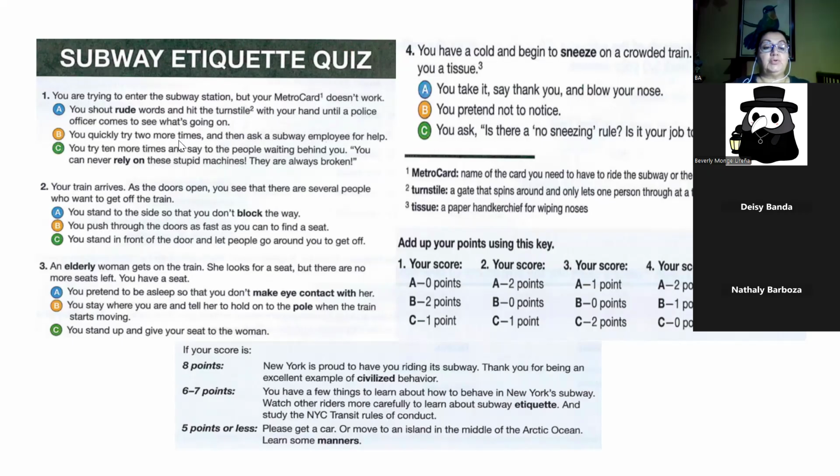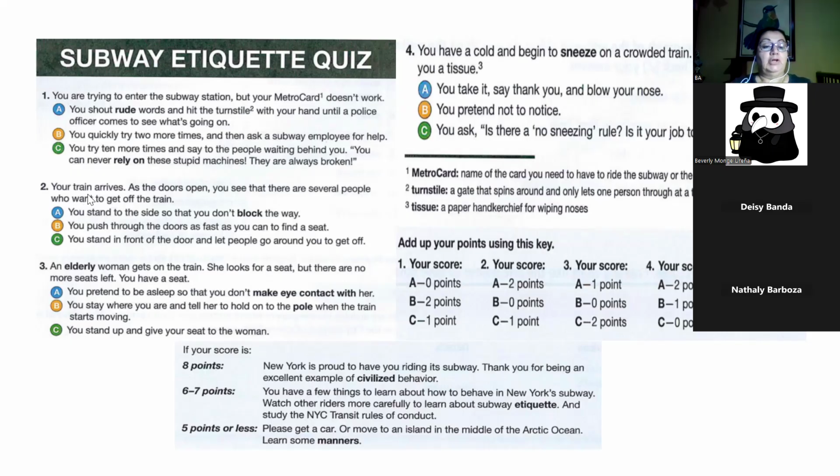You quickly try 2 more times and then ask a subway employee for help. You try 10 more times and say to the people waiting behind you, you can never rely on these stupid machines. They are always broken. What is the correct idea here? What's the polite option? B. B, okay. Try quickly 2 more times and then ask the employee.